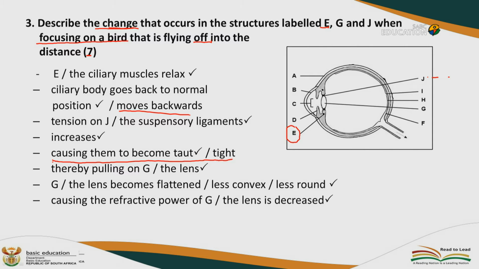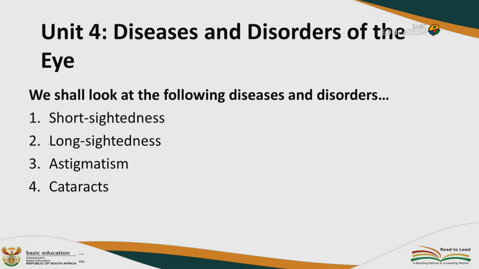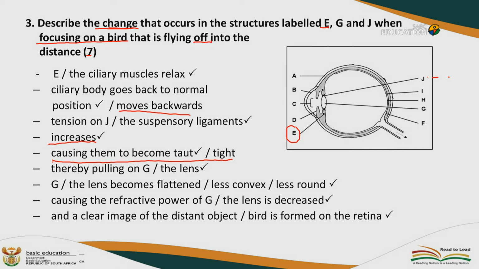And there is tension on the lens, the suspensory ligaments, right? So hence I said banana shape, because now it's stretched, being pulled, and the refractive power is decreasing. Now remember, the last point will be the image now will be clearer on the retina.